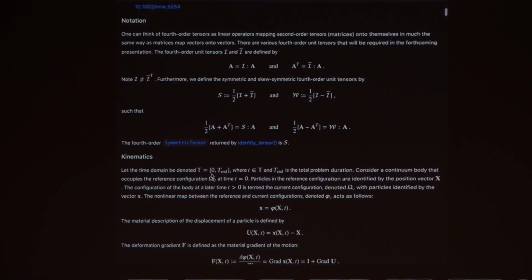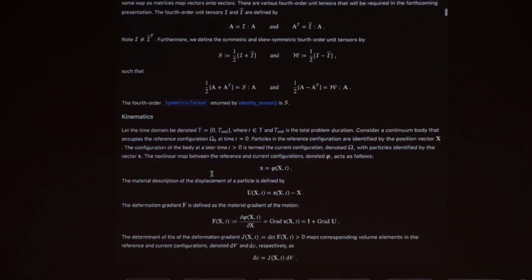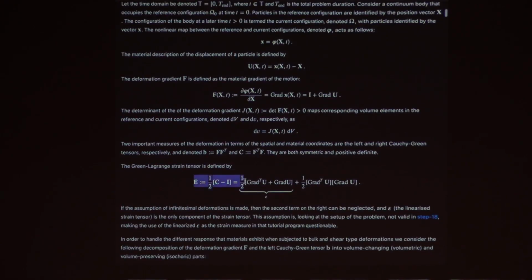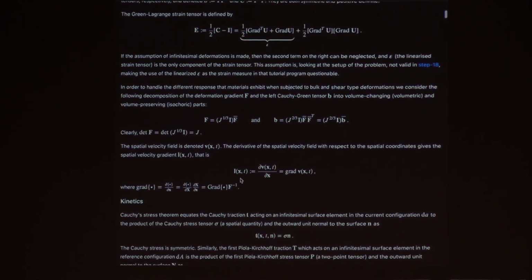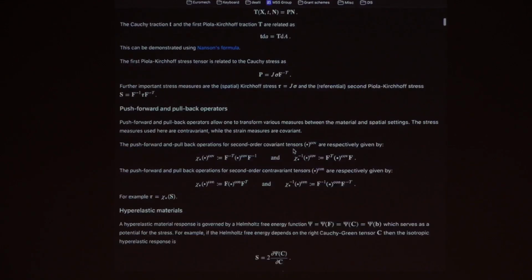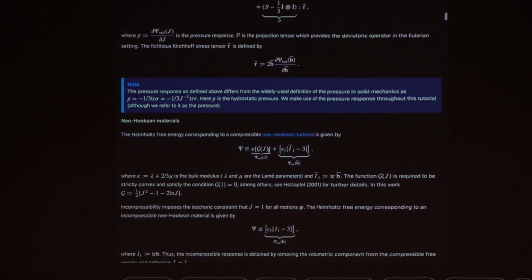It covers the notation and the entire mathematics of elasticity: the deformation gradient, the strain tensor, the different types of invariants, the traction condition, the Piola relationship, and what kind of energy density function you would use. In this case, for example, they used a Neo-Hookean energy density function.